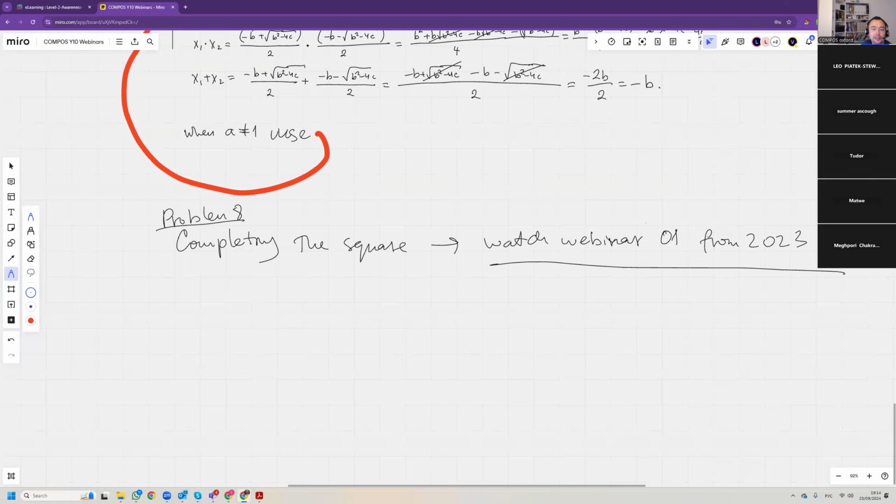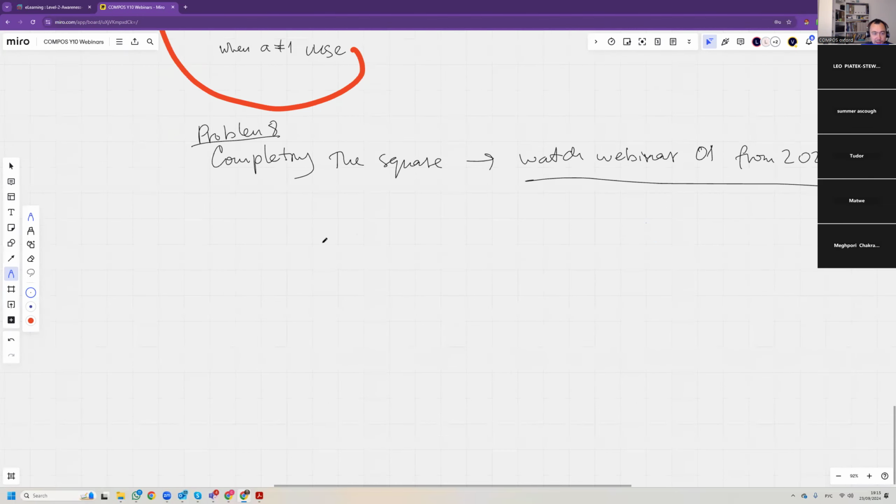Your homework is to complete assignment 1 and 1. That's how you get into COMPOS. I probably have mentioned, there are 2 different ways you can participate in COMPOS.